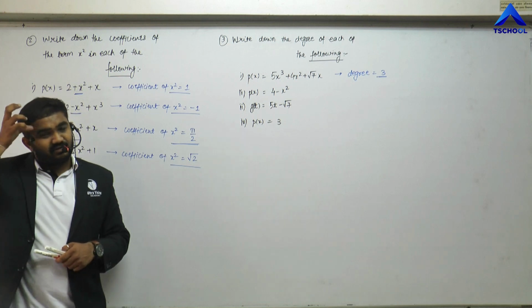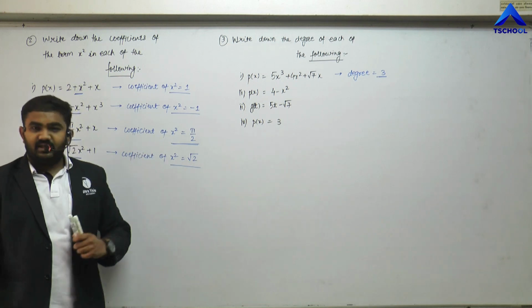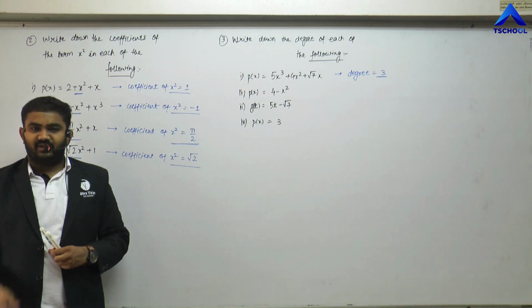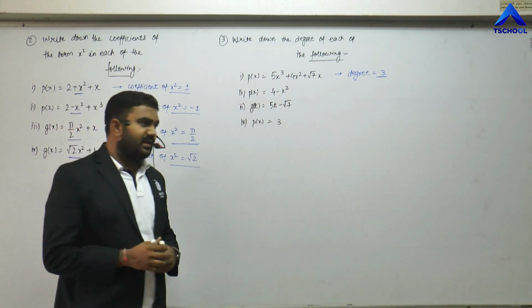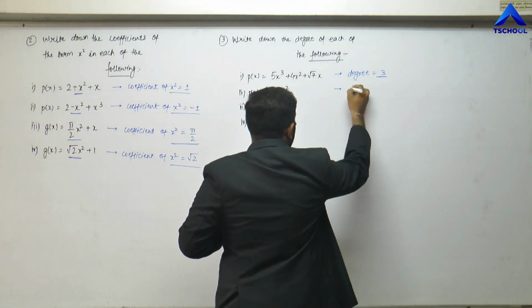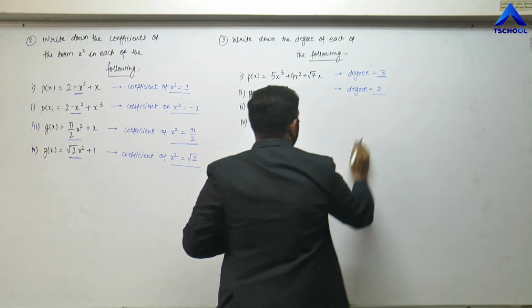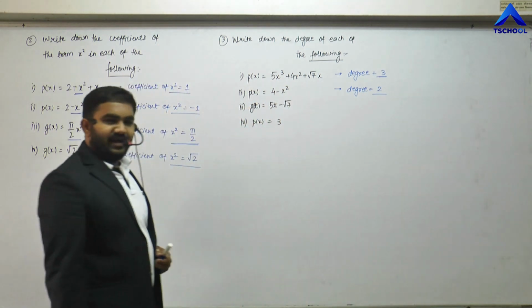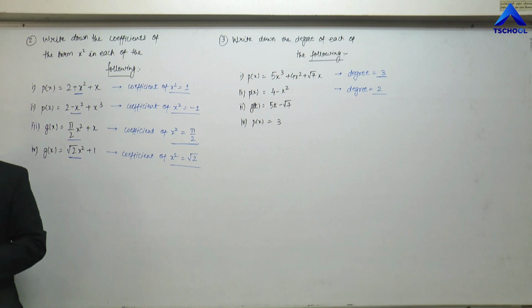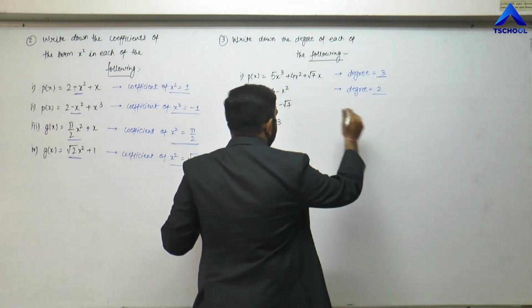As there are only 2 terms present, the degree of this polynomial will be selected from these 2 terms only, either from the 4 or from the x square. So again here the degree is equal to 2, right? Because x square is present over there and the highest power taken into consideration is 2. So the degree here is 2.